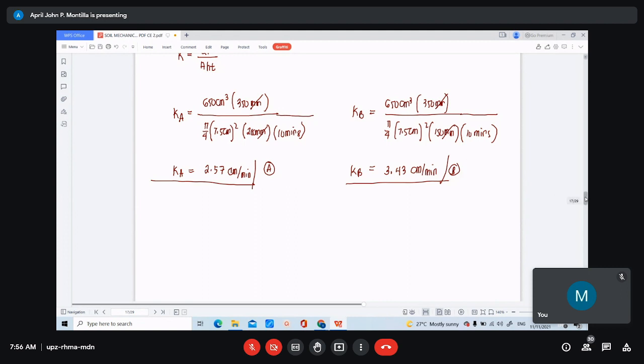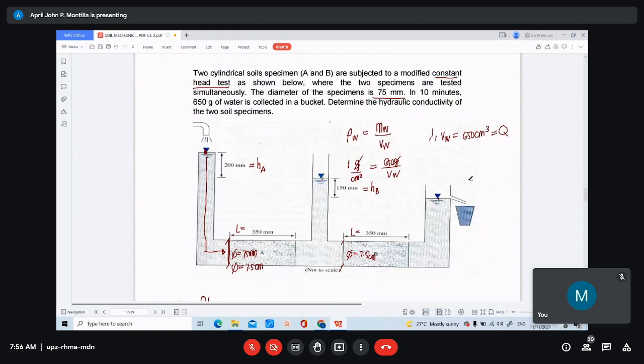Paano kapag sa problem na to, pinapakuha yung total hydraulic conductivity or yung equivalent hydraulic conductivity? Pag sinabing equivalent, dalawang condition. No, depende sa kind of flow. Horizontal ba yan or vertical? Ano ang sabi natin kay horizontal? The water will enter the layers of soil at the same time.